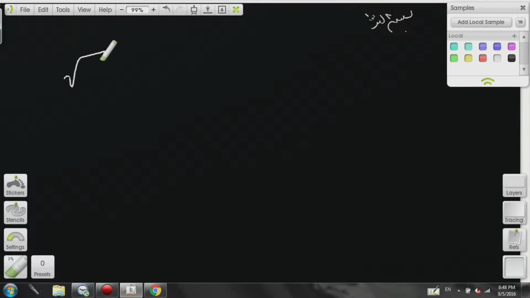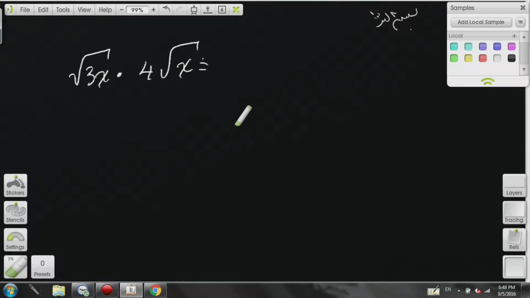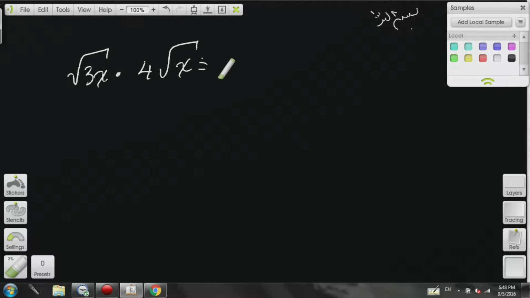And now, how about this one? Square root of 3x times 4 times the square root of x. Okay, now you have to be a little bit careful here. And now you can combine these as well, see? So this will become 4 times, you can combine these two under one roof, so to speak. That will be 3x times x.